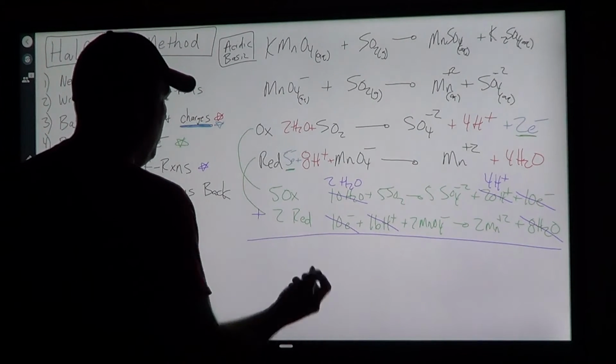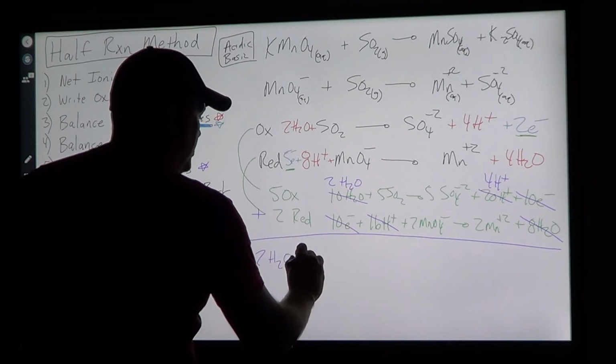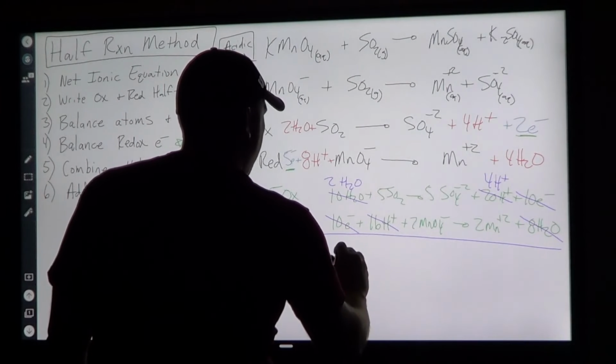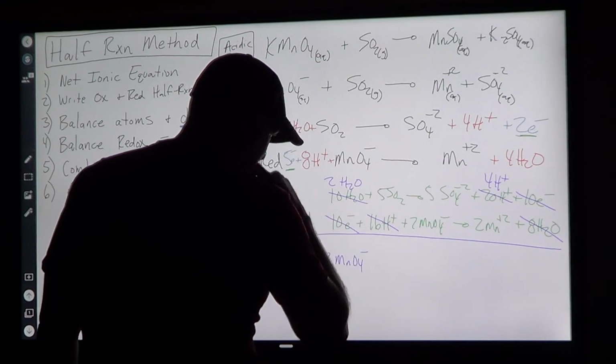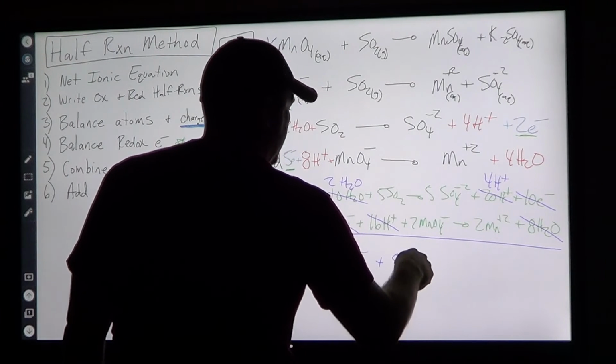So what we do is we now write our new equation, which has 2 waters plus 2 MnO4- plus 5 SO2s.